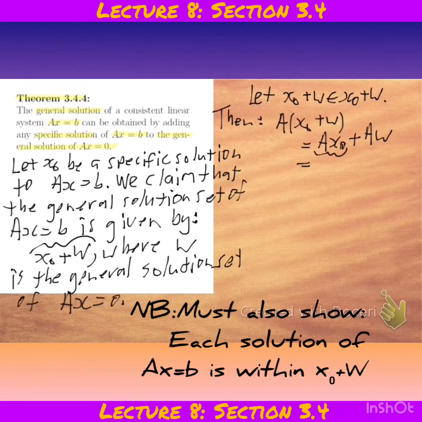x0 is a solution to the system Ax equals b, so that becomes b. And w is in capital W, which we said is the general solution set of the homogeneous system, so it is a solution to that system, so that's going to be 0.